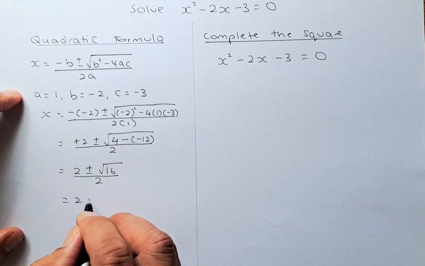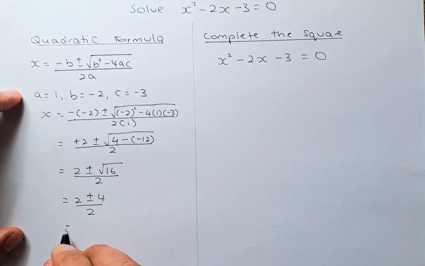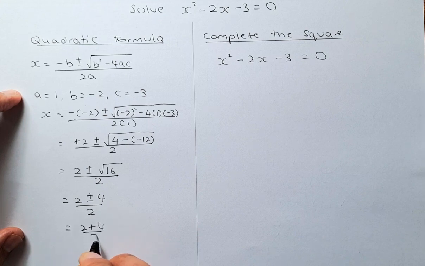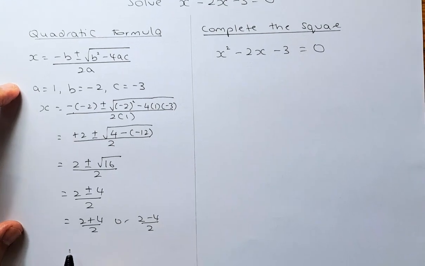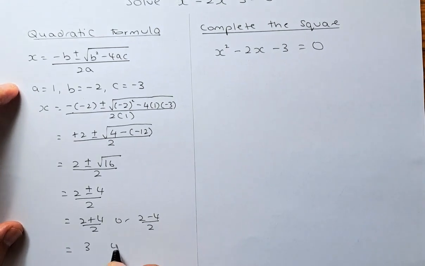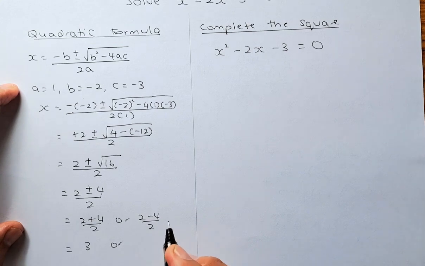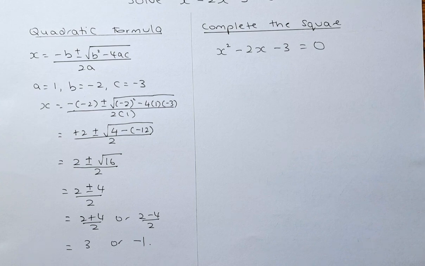It's going to be 2 plus or minus 4 over 2, and the answer is going to be 2 plus 4 over 2, or 2 minus 4 over 2, and you simplify them further. 2 plus 4 is 6 divided by 2 is 3, or 2 minus 4 is minus 2 divided by 2 is minus 1, which is what you got in the previous example.